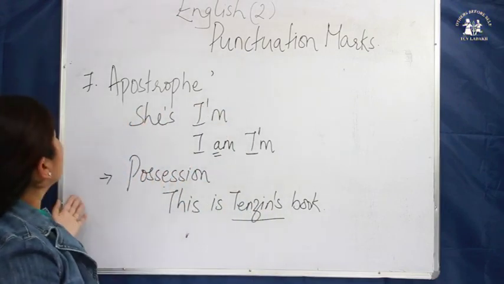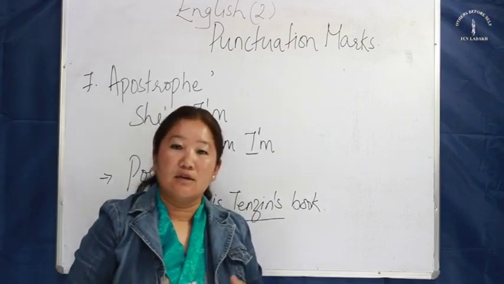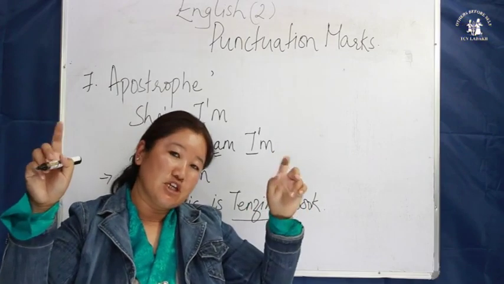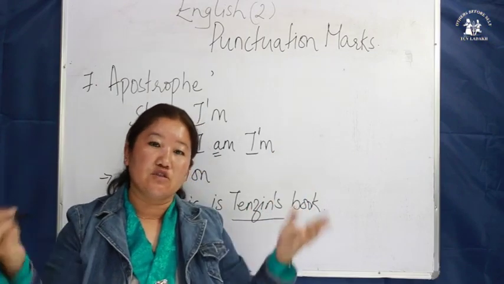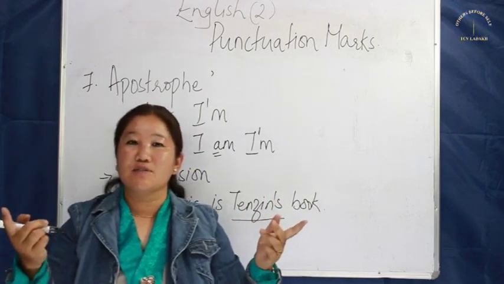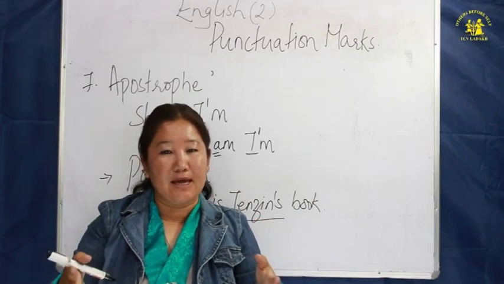So in today's class I have discussed 7 different punctuation marks, and there are others as well, like quotation marks, which are used for quotations. When we talk, you might have seen many people say it is beautiful with a gesture, to stress something.